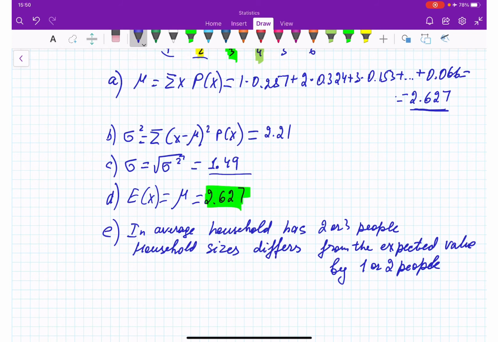The average is 2.6, which is between 2 and 3. Therefore the household size is going to differ from the expected value by 1 or 2 people because the standard deviation is 1.5.